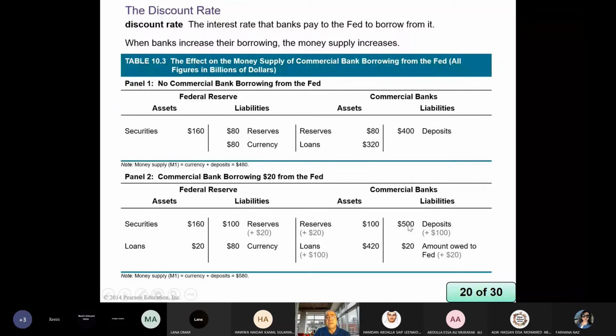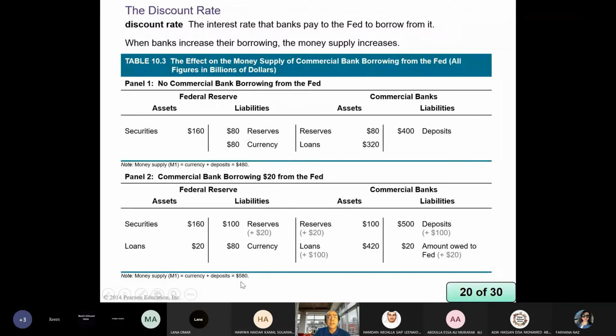So it is 580. See here, when the central bank gave a loan of 20, money supplied increased by 100, from 400 to 500 as deposits.